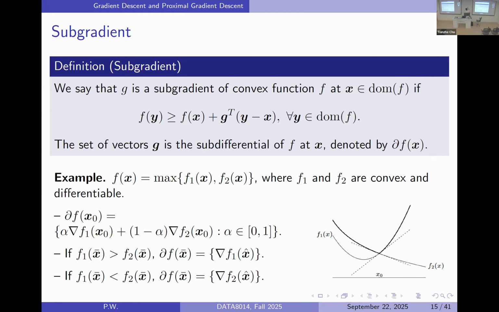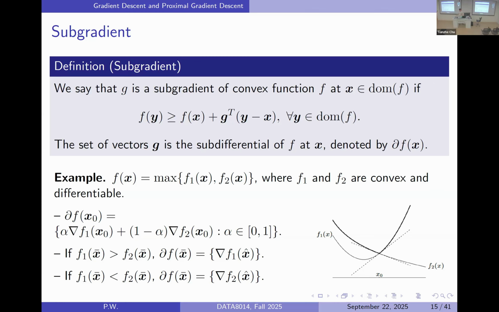This is f1(x), and this is f2(x), and then we take the pointwise maximum. Then what is left is this part, and at this point it is non-smooth. This is f1, this is f2, and this is the maximum of f1(x) and f2(x).